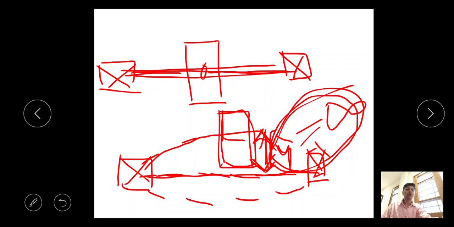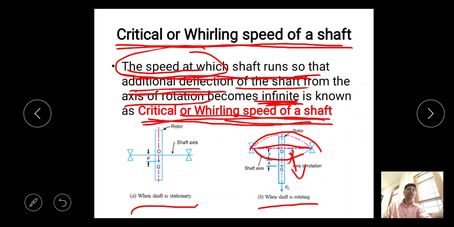If it is not properly mounted, then under vibration this y becomes very large, and there are chances of the shaft getting damaged. Because of such vibration, the critical or whirling speed will happen.